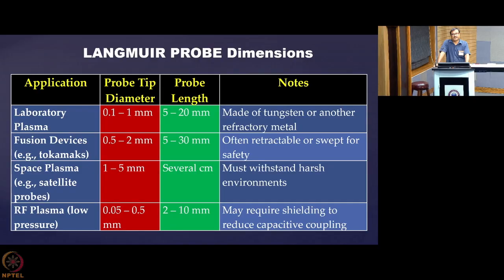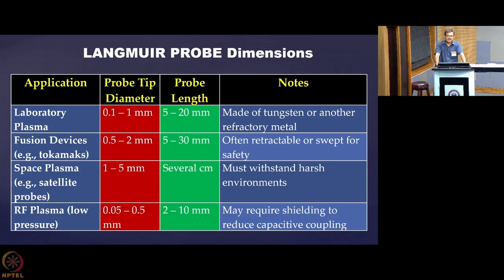For example, in space re-entry vehicle simulation, there is ablation of the surface layer. When it undergoes severe friction with the atmosphere, it must withstand the harsh environment that is created at that time.